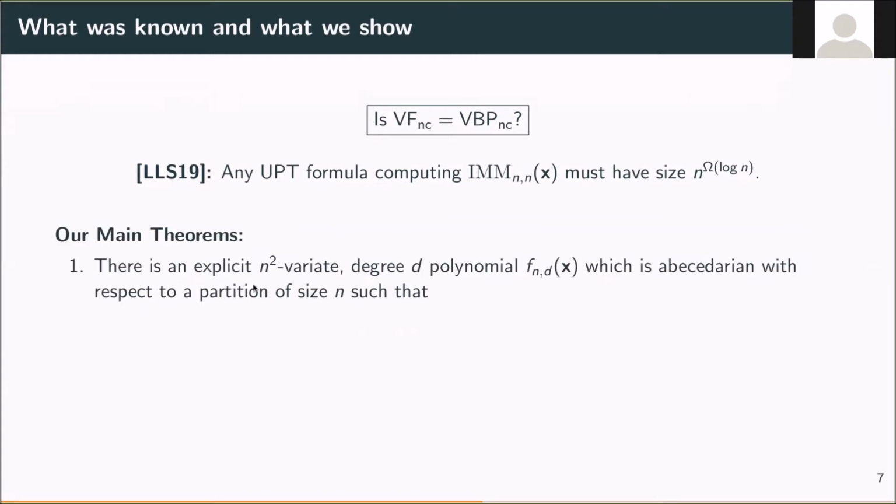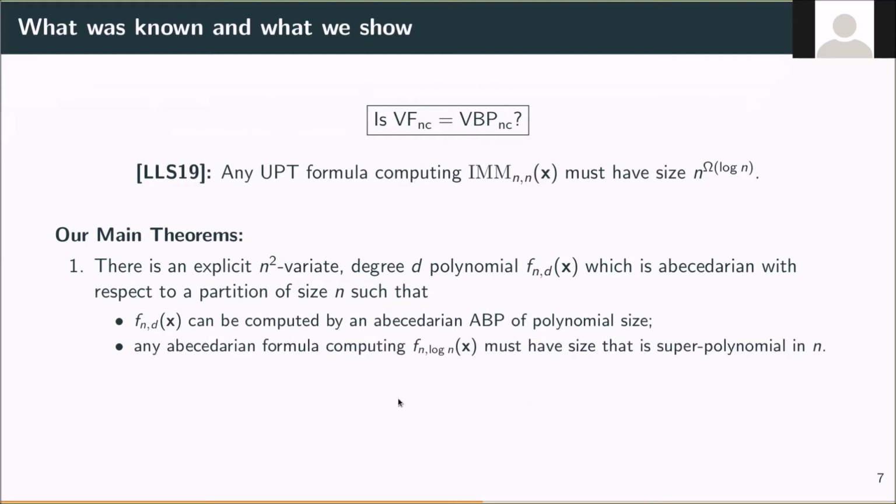There exists an explicit n-squared variate, degree d polynomial which is abecedarian with respect to a partition of size n, such that firstly it can be computed by ABPs of small, polynomial size, and secondly any ABCD formula computing the log n degree version of this polynomial must have size that is super polynomial in n.